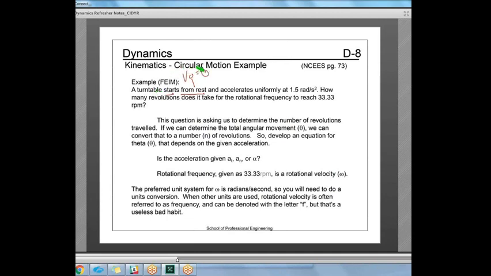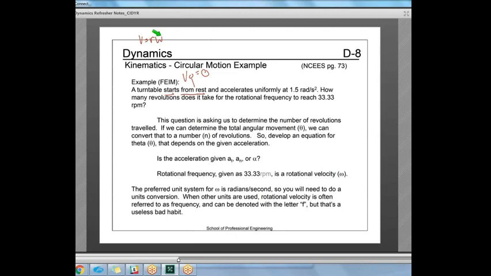T naught equals 0 implies the start, so that's fair enough. From rest means at that initial time, our velocity is 0. V naught equals 0.